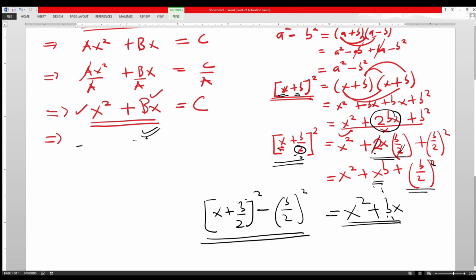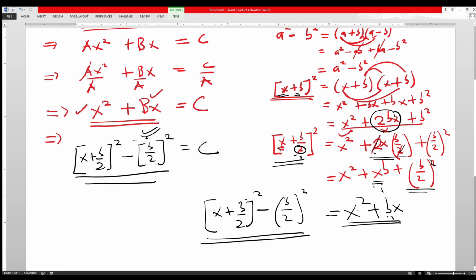Are you with me now? So this is now the difference of 2 squares. x plus b over 2 all squared minus b over 2 all squared is equal to c. Okay, so x squared plus bx has been rewritten to be the difference of 2 squares, where we have x plus b over 2 squared minus b over 2 squared.